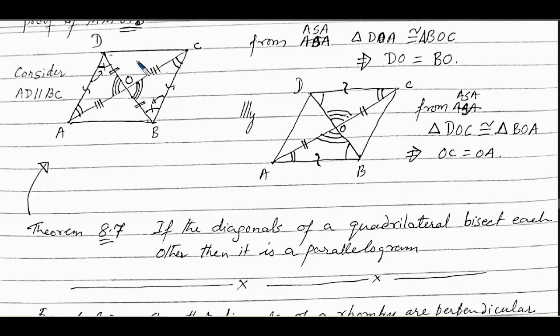Similarly you prove it for this also. This triangle DOC will be congruent to AOB. So from there you can prove that this pair of opposite sides are equal in length, from the congruence, and this side is also equal.